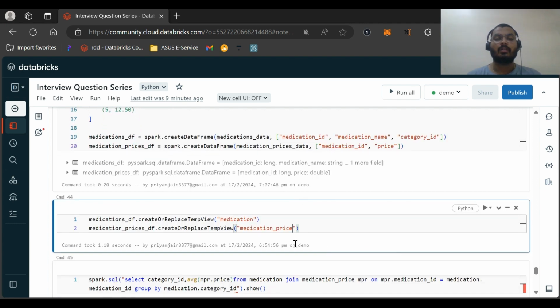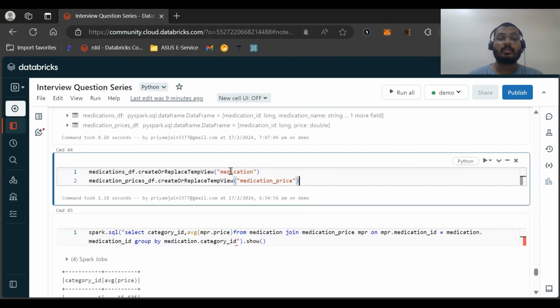Already I have run it. Now I have solved this question both in the SQL way as well as the PySpark way, as the interviewer told me to solve the question in both ways. So let me solve the question in both ways. First, medication df dot createOrReplaceTempView medication, and the price df dot createOrReplaceTempView medication_prices.